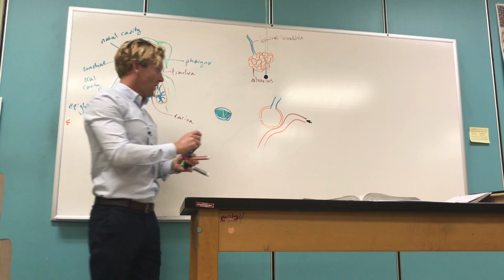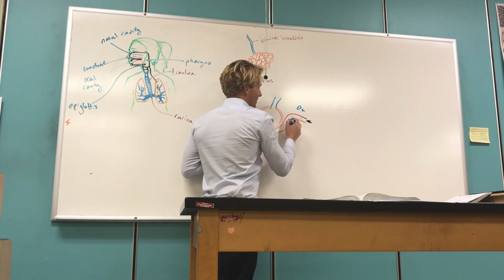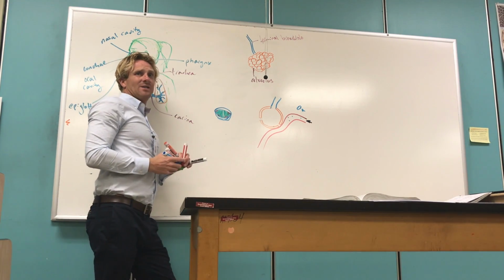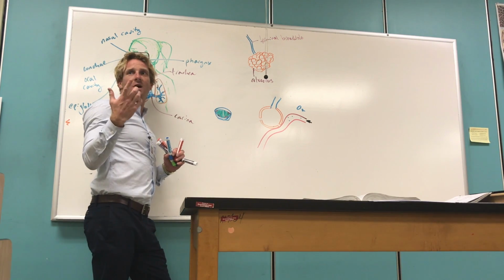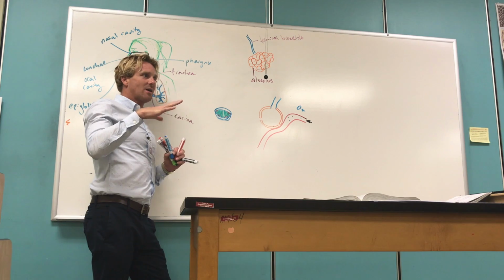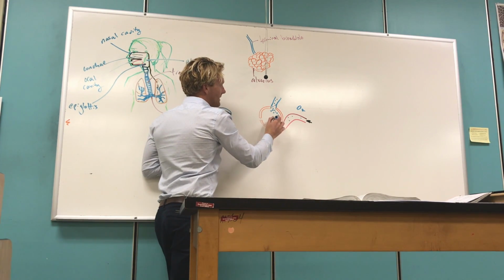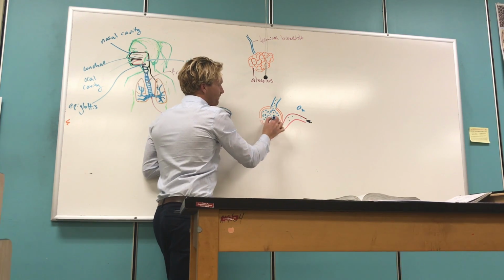Just a little bit. I'm going to draw oxygen in blue. So oxygen, it's just going to have a little bit. How about the air we breathe? Does it have a lot of oxygen or a little bit? A lot. In fact, it's 21% oxygen. Atmospheric air is 21% oxygen. There's tons of oxygen in the air we breathe. So we breathe in all this oxygen, right? And that comes into the alveoli.